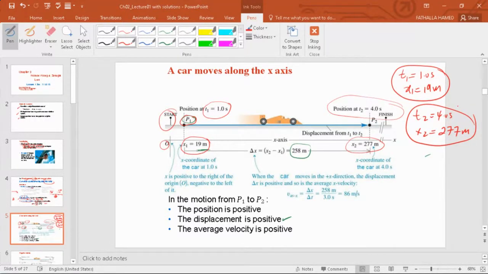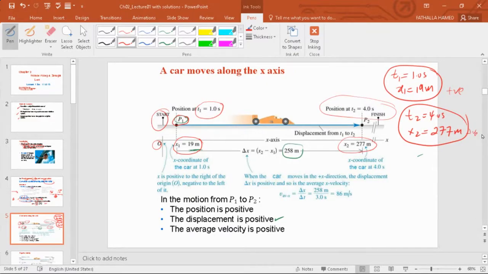Now, both of my positions here are positive. Your time has to be positive. Now, I want to look at the displacement. And displacement means delta x equals x2 minus x1.